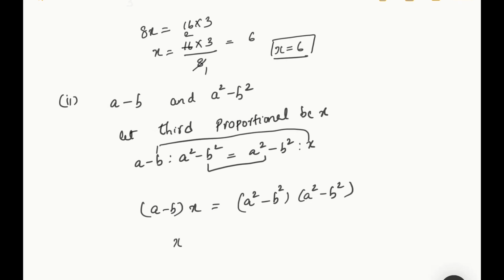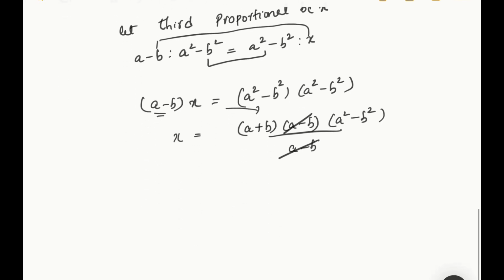So x equals, one of them I will change as a plus b into a minus b, into a square minus b square. This a minus b I will take down. So what I get? a minus b gets cancelled. Finally the value of x is a plus b into a square minus b square.